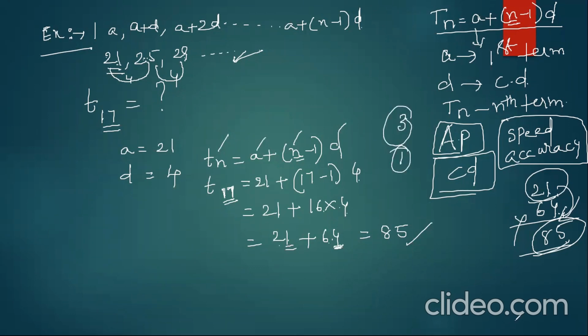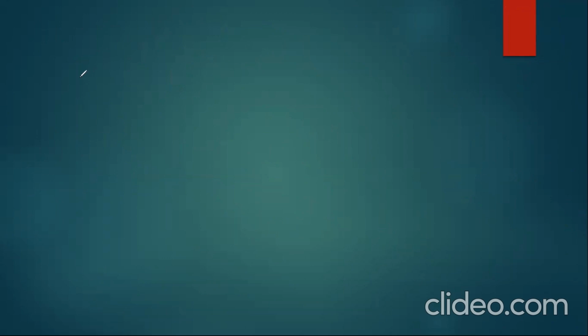So let me do one more example in the same way for AP only. Let me take A equal to -2 and D equal to -3, then find Tn.